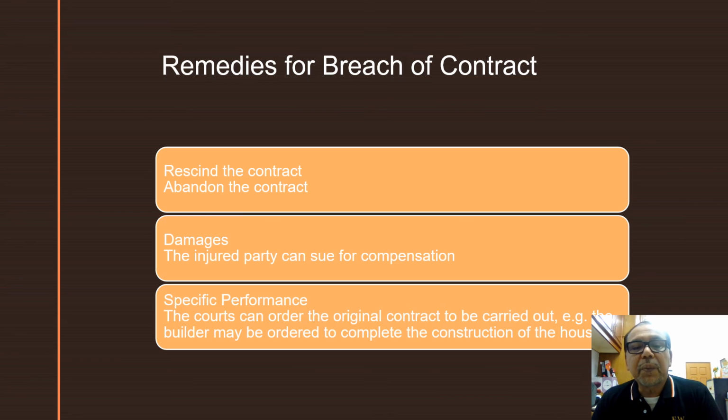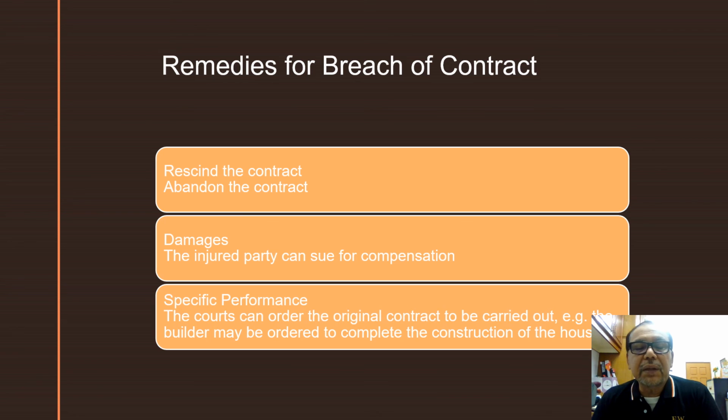So I sue for compensation from the contractor. Let's say the house costs 100,000. Now halfway he ran away, didn't complete my house. So I can sue for 100,000 or whatever amount is decided by the court later on. The point here is I can sue for damages because I am the injured party, I yang rugi.